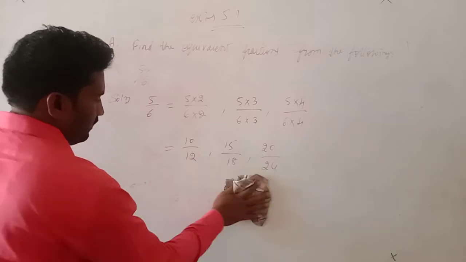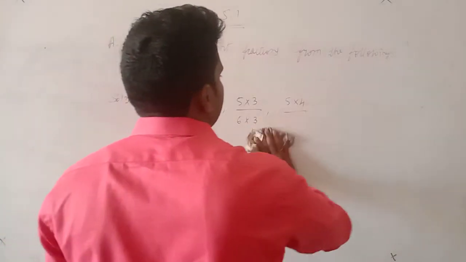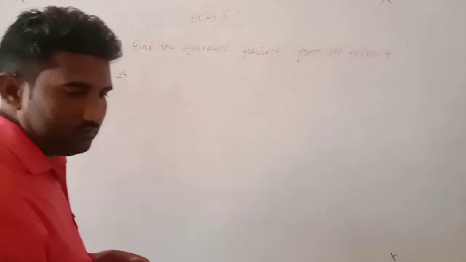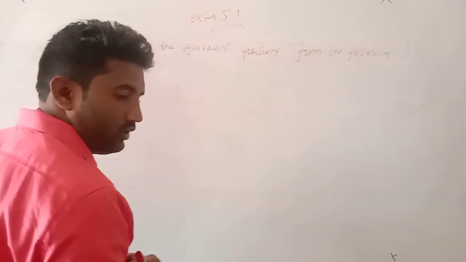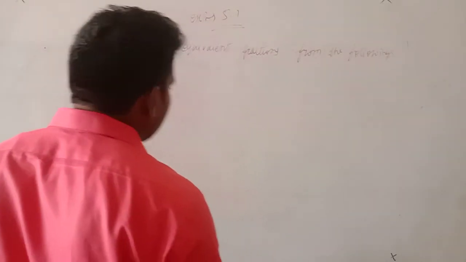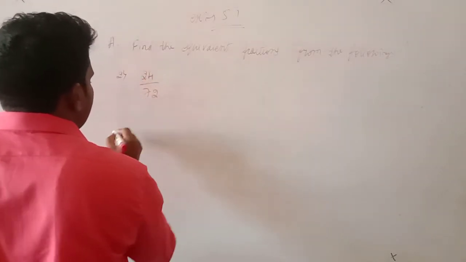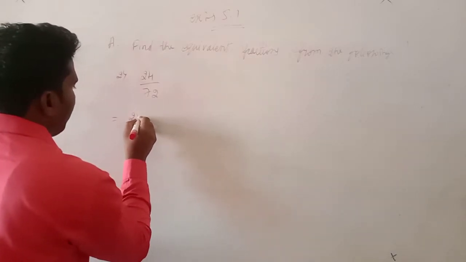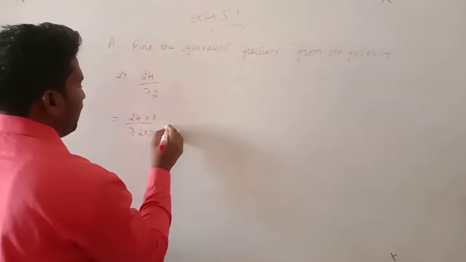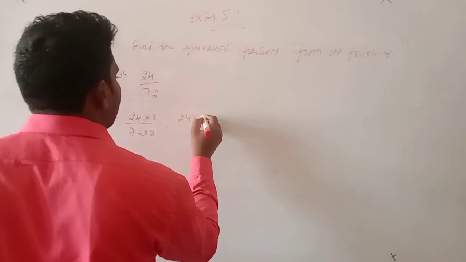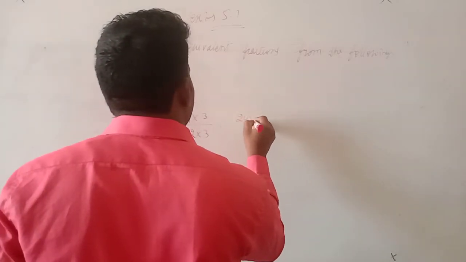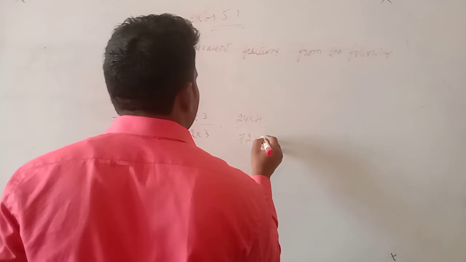Okay, so the second one is 24 by 72. When multiplying by the same number on the numerator and denominator, we can get the equivalents: 24 into 2 by 72 into 2, 24 into 3 by 72 into 3, 24 into 4 by 72 into 4.